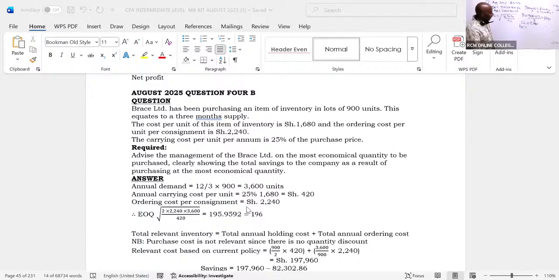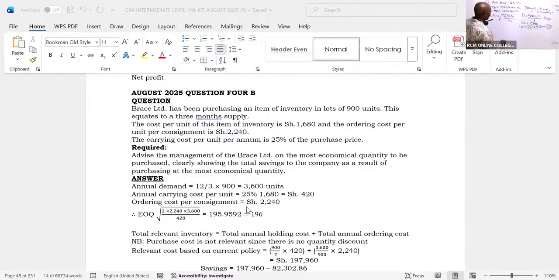Carrying cost is the same as holding cost. So it is 25% of the price of each unit, and the price for each unit is 1680. So this gives me 420.